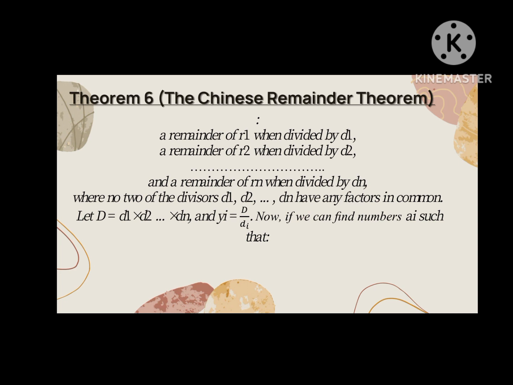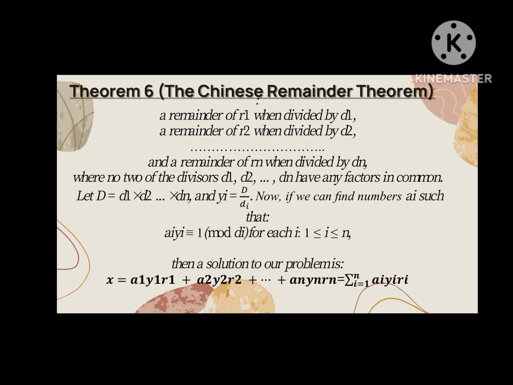Now, if we can find numbers ai such that ai times yi minus 1 is divisible by Di, then the solution to our problem is x equals a1 times y1 times r1 plus a2 times y2 times r2 plus and so on plus an times yn times rn, which equals the sum of ai times yi times ri with i from 1 until n.